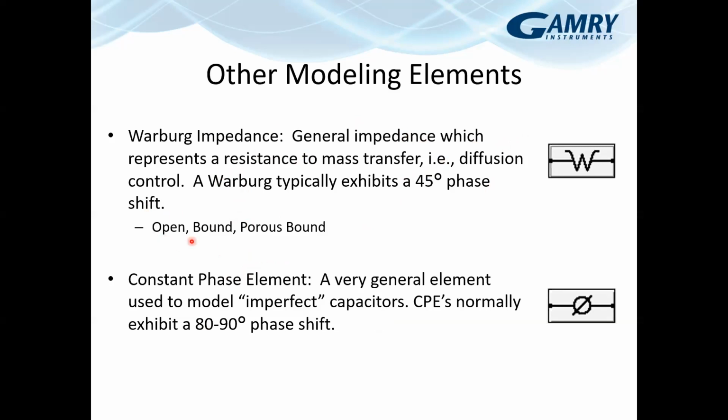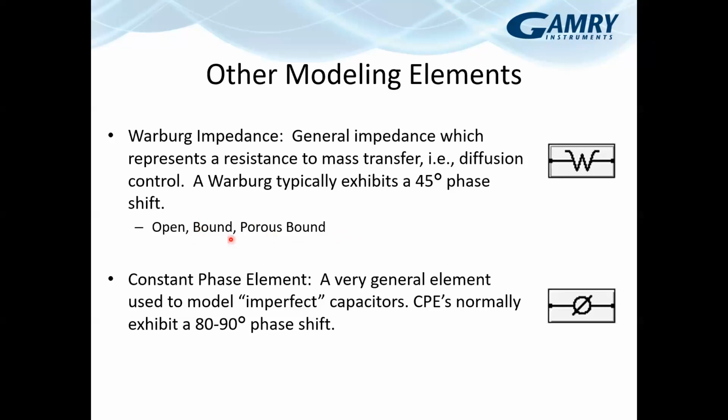You can have an open-ended. That means that, on the time scale of the experiment, anything that leaves the electrode can diffuse uninhibited as far away from the electrode as the time allows. Bounded version of this means that diffusion, it's like a hard wall on the other side. It can diffuse so far, but then it encounters something else that bounds the diffusion at a certain point.